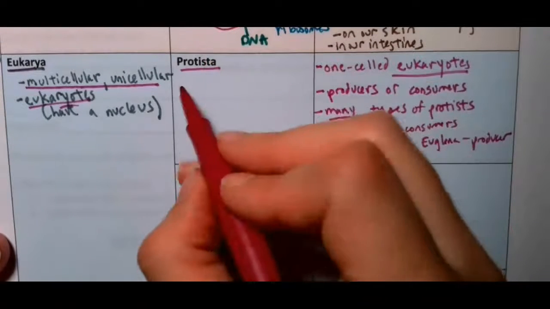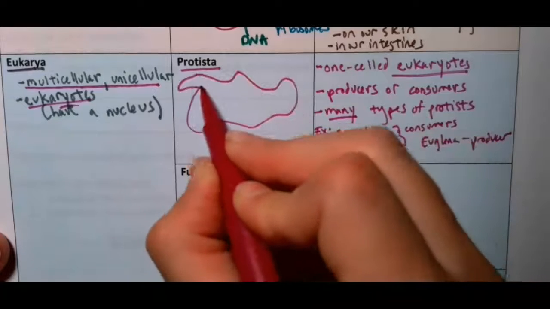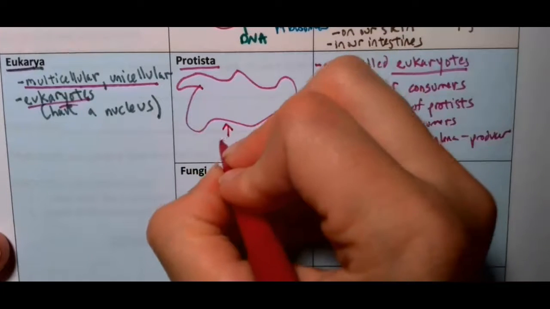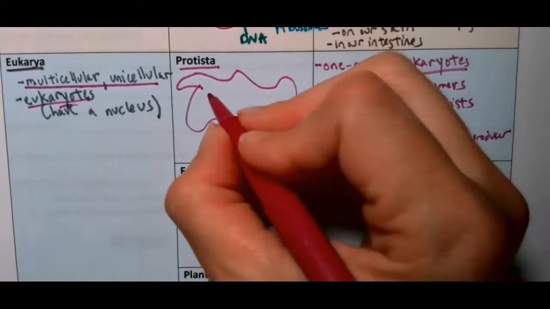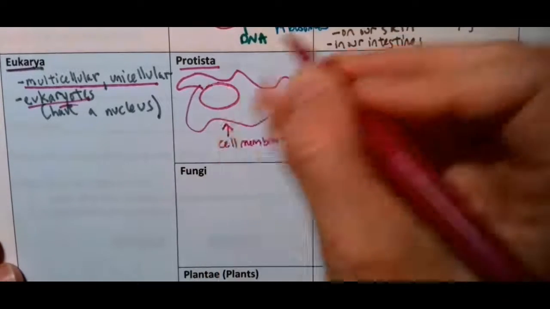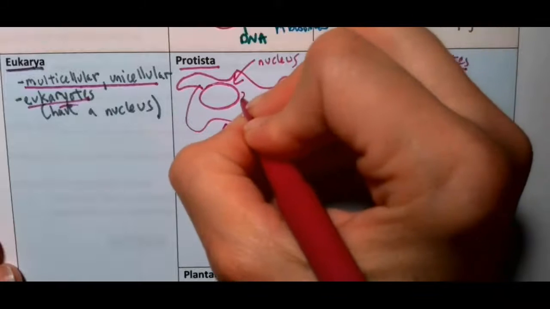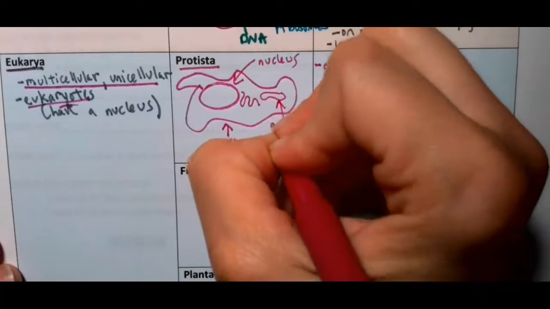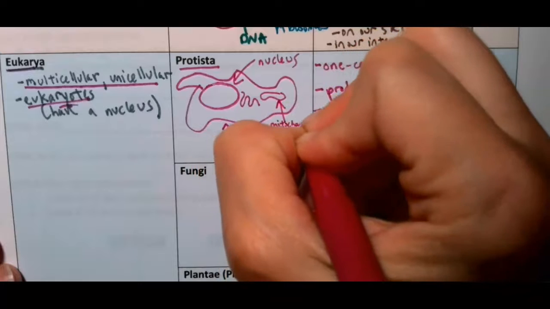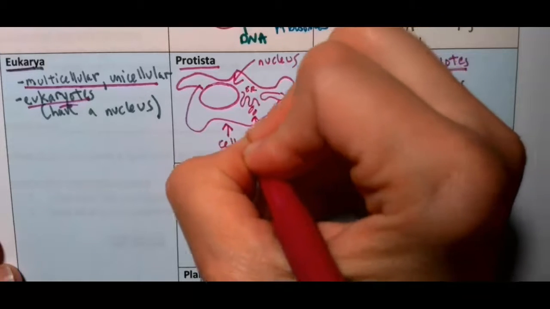So to draw a picture, let's do an amoeba. So you can see, here's the cell membrane. But the difference is the Protista has a nucleus. So here's the nucleus, and it has ER, and it has mitochondria, has Golgi.